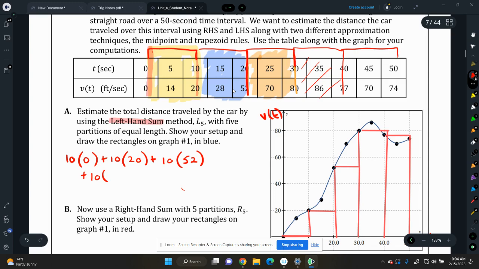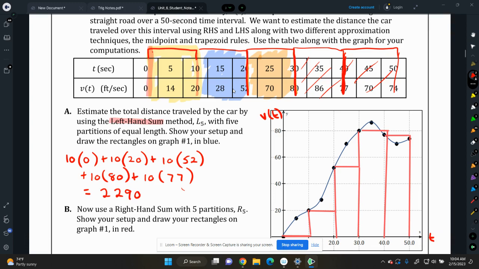We're looking at the left side of the rectangle, so that has a height of 80. Plus, the last rectangle has a width of 10, and this time it has a height of 77. Everybody following that? When we add that all together, we get 2,290. Now let's look at the unit. We can reason through the unit, but we can also do a little unit analysis.